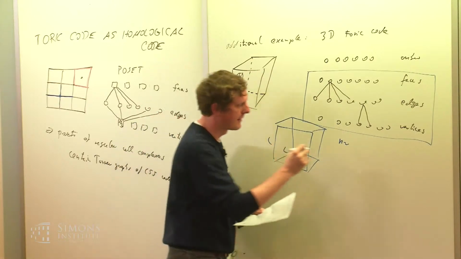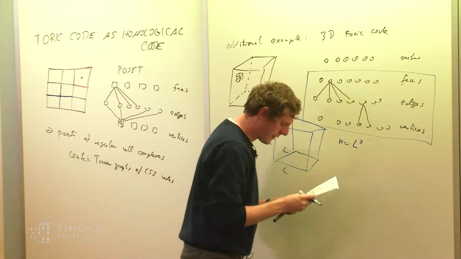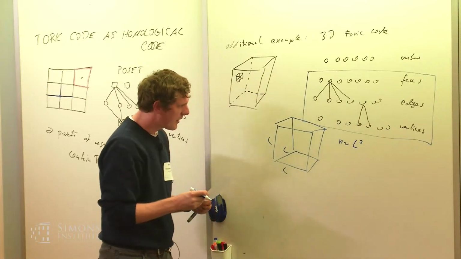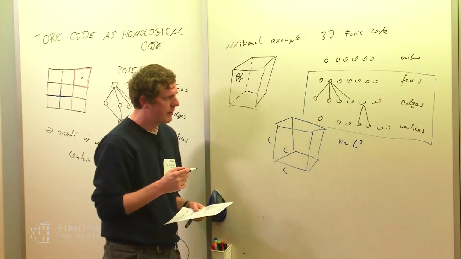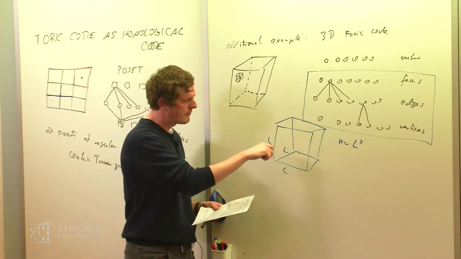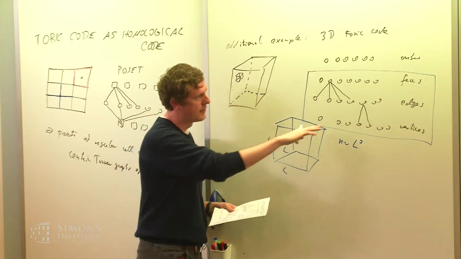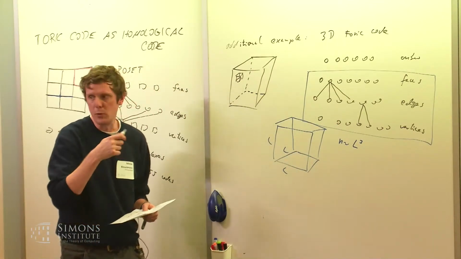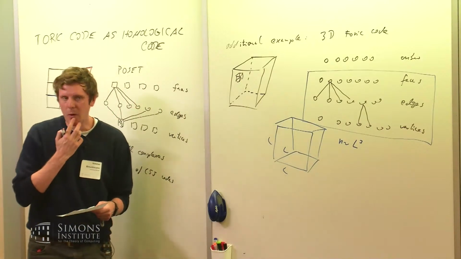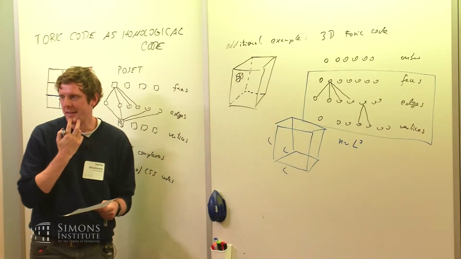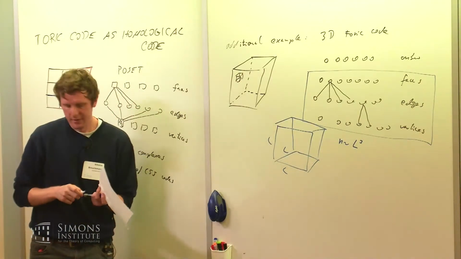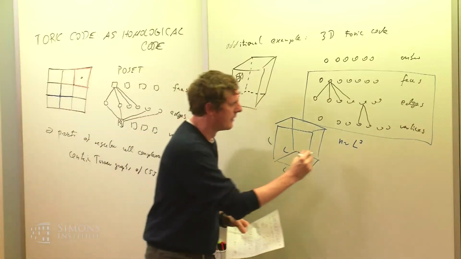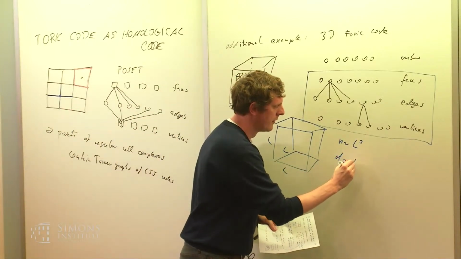Oh, yes, exactly. L cubed. However, John already told you the logical operator associated here will be a non-contractible loop. So how long is this non-contractible loop in this lattice? It's still L. Exactly. So our distance is just L.